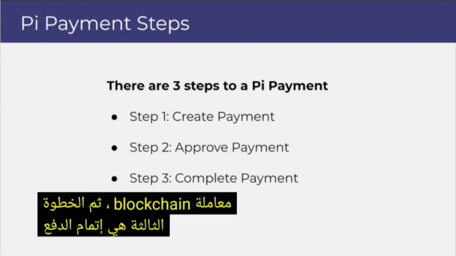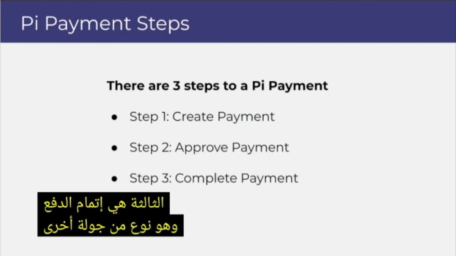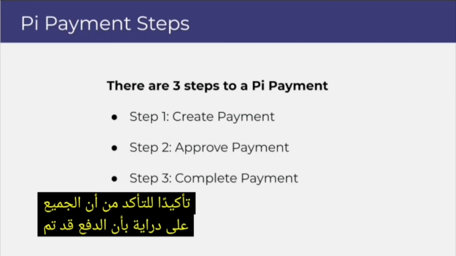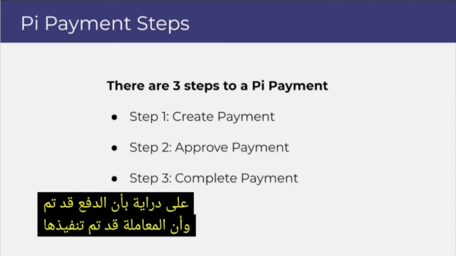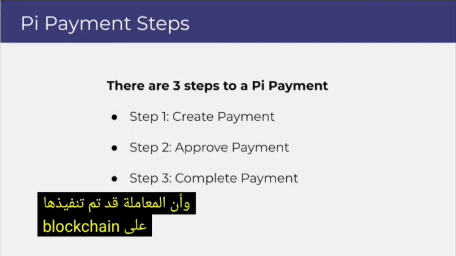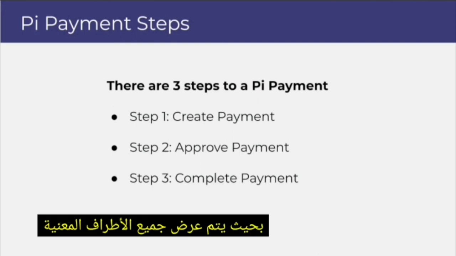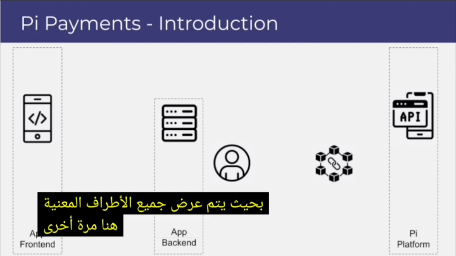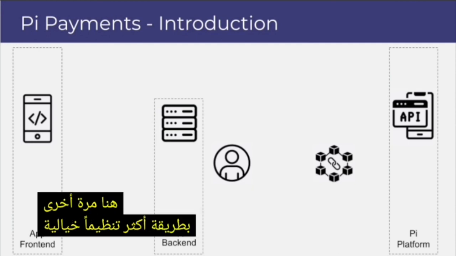And then step 3 is the payment gets completed, which is sort of another round of confirmation to make sure that everyone is aware that the payment has been made and that the transaction has been executed on the blockchain. So all of our involved parties are shown here again in a fancy, more organized way.